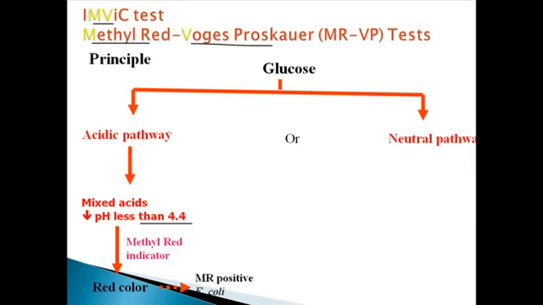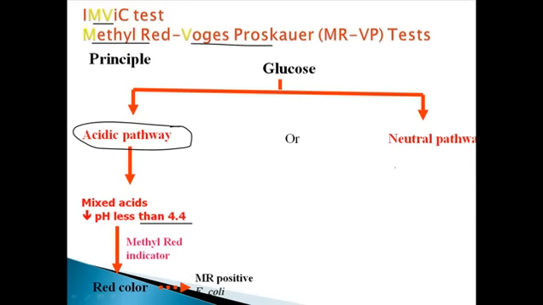Escherichia coli, all the time, has an MR positive test. They always go through the acidic pathway and produce red coloration by reacting with the methyl red. That's why we call it positive for MR. So all these fecal coliforms like Escherichia coli will be positive for the MR test.